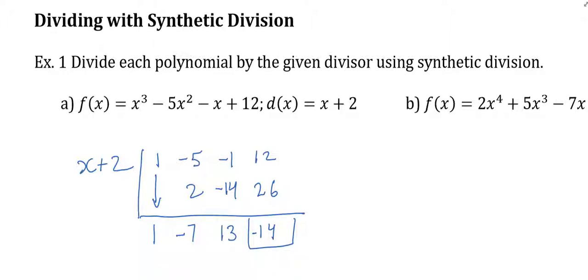Now, this is important. Remember yesterday, we talked a little bit about how if you have a degree 4 and you're dividing by a degree 2, we can predict what the degree of our quotient is going to be. It's going to be degree 2. You're subtracting degrees, kind of thing, right? Or if I have a cubic and I divide by a degree 1, my result will be degree 2.